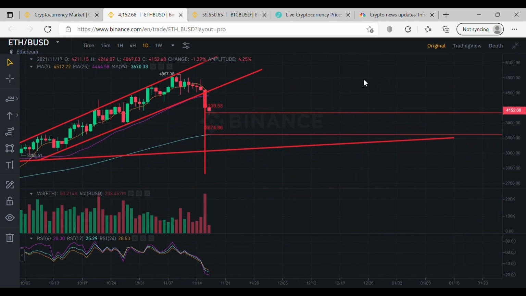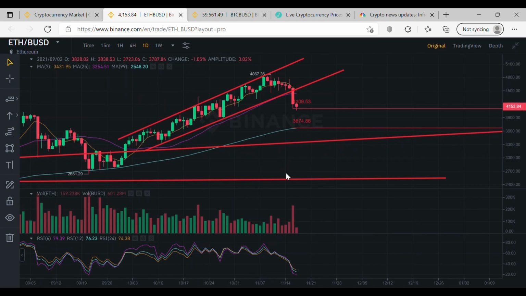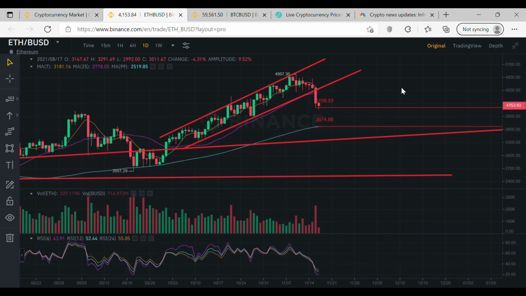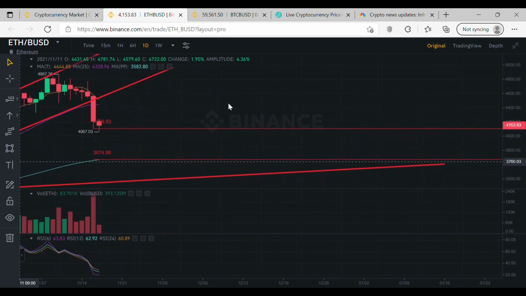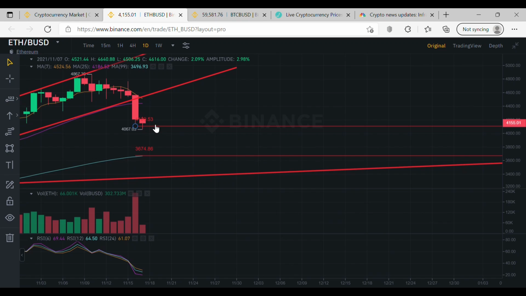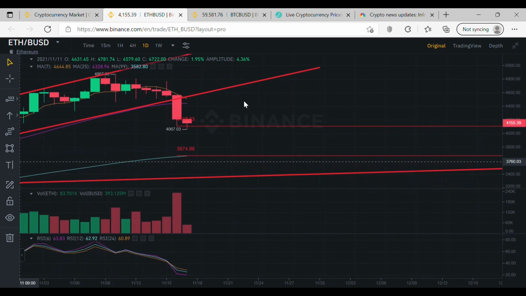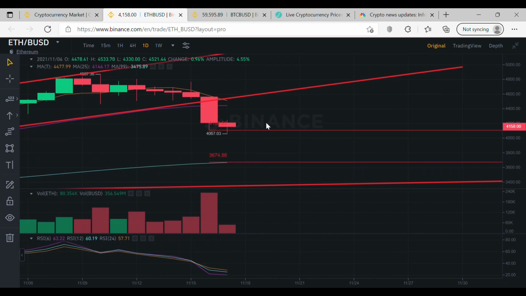If we were to do it like this, I think we will have our first resistance at around this level. So what is this? This is $4,150.